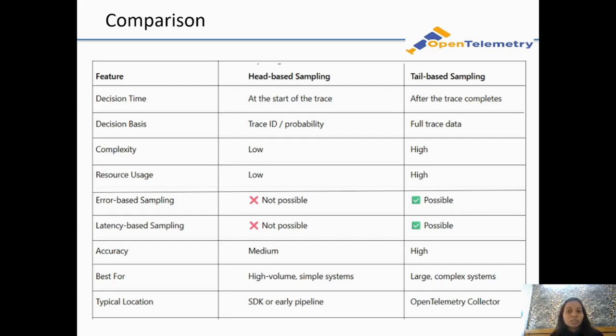But the choice between the two depends on the size of the system, the volume of traffic, the observability budget, and the business requirements. Based on these factors, you can decide which type of sampling to go for.